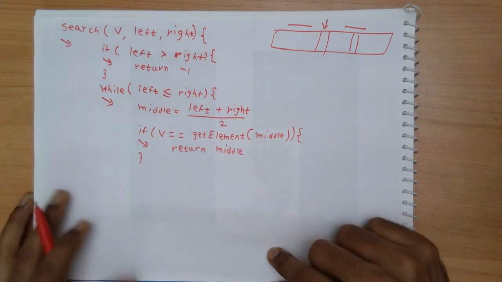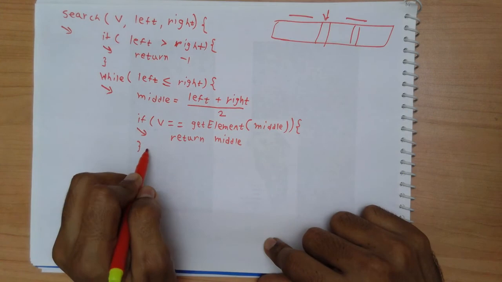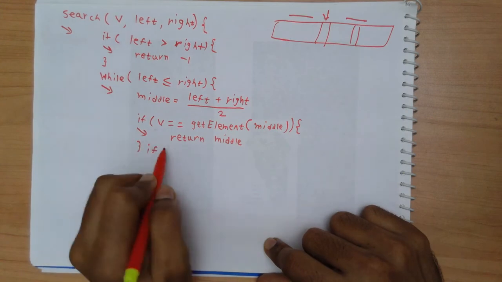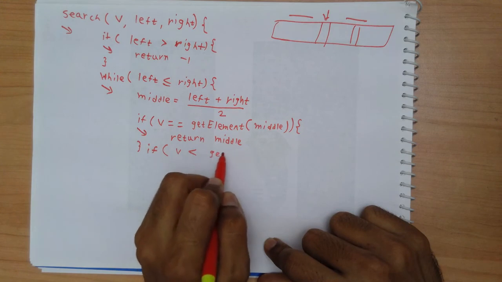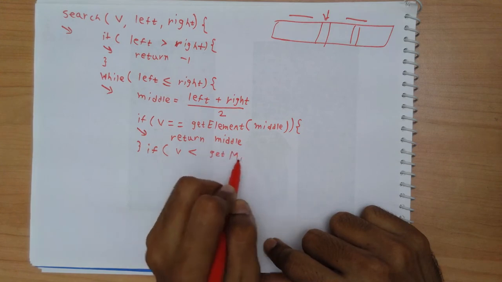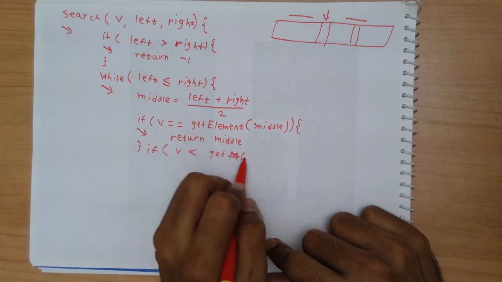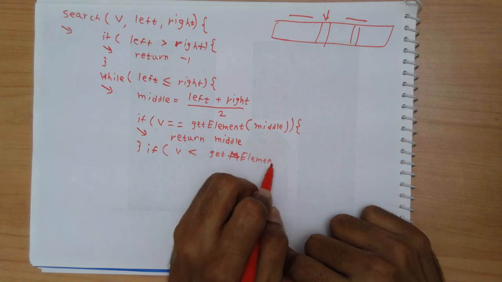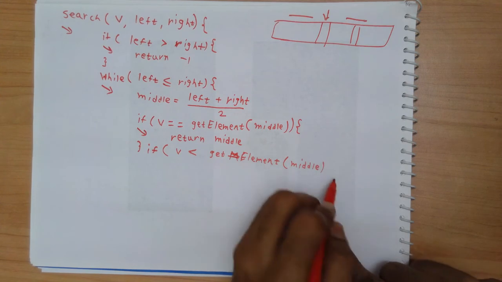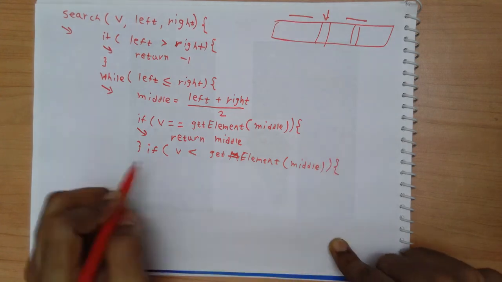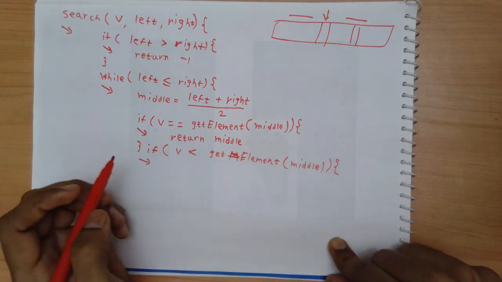If that's not the case, we ask if v is less than the element at the index middle. If it is less, we should search to the left.